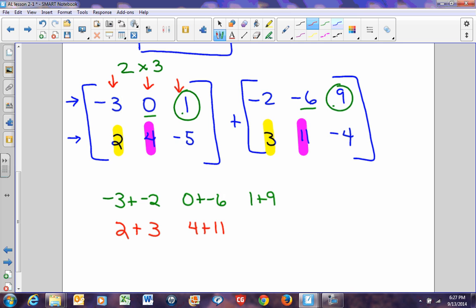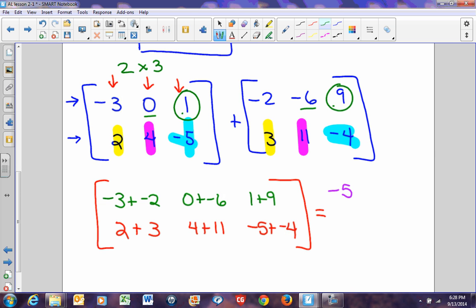And last but not least, second row, third column, second row, third column, make sure I get my negative in there, that makes it -5 plus -4. When we add all these up, our final answer will be -3 and -2 is -5.